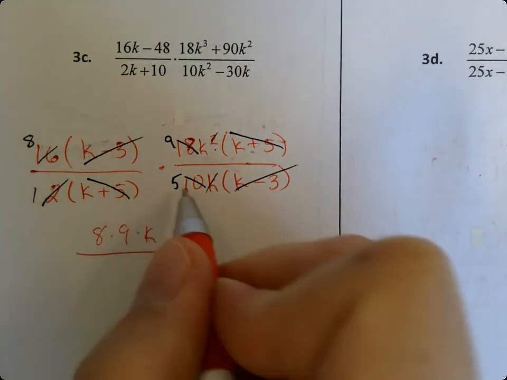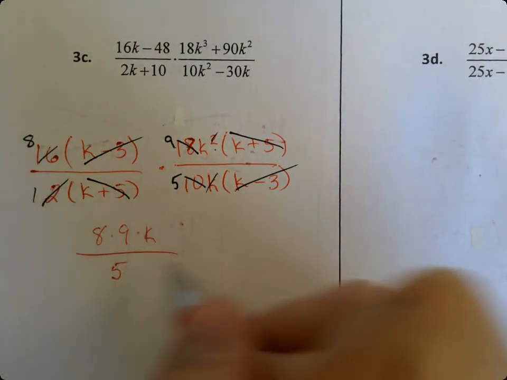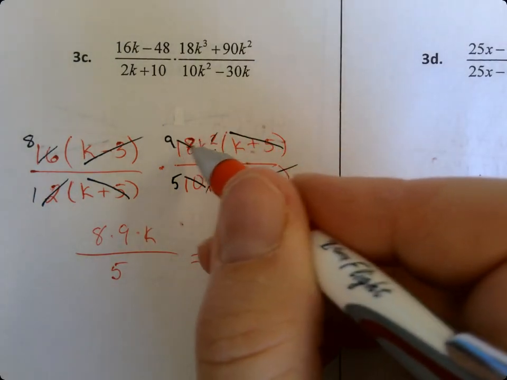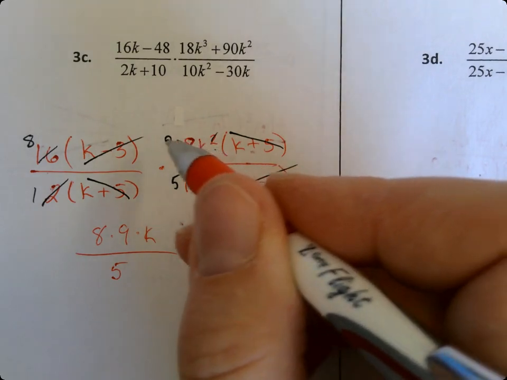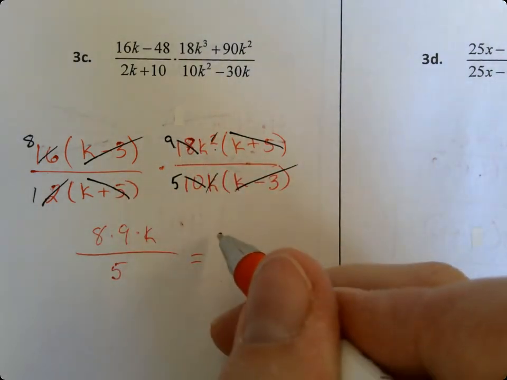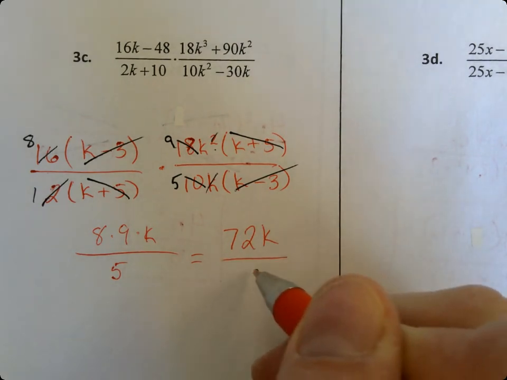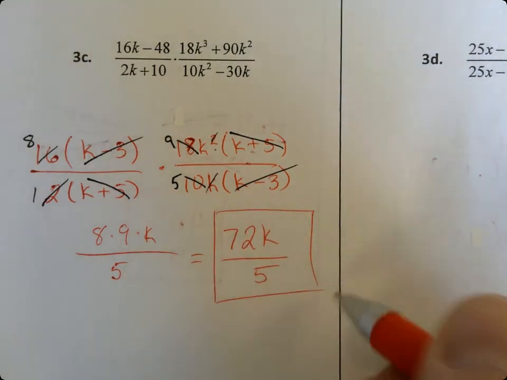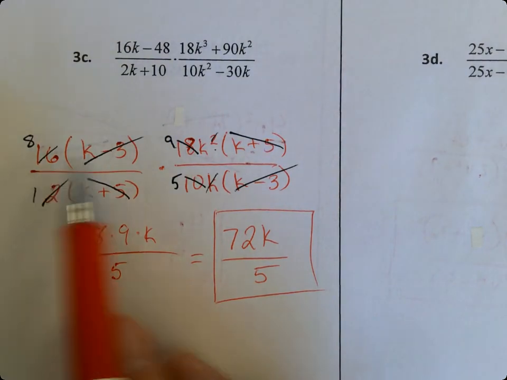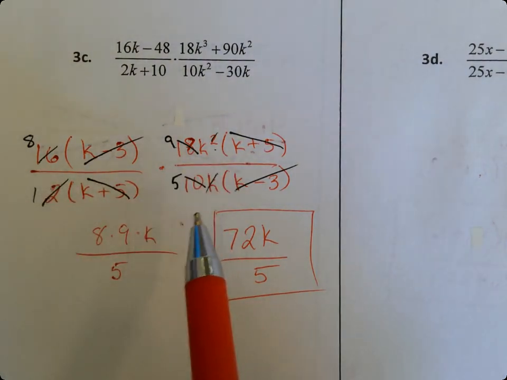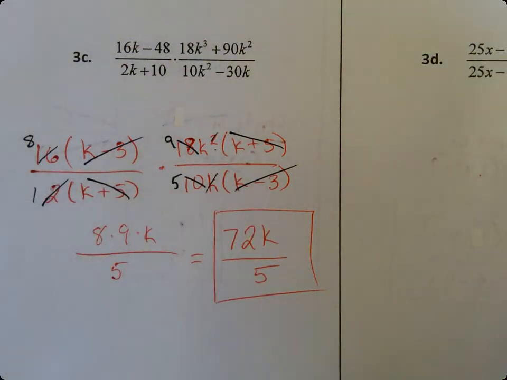What's left in the bottom? 1 times 5. And why is it times k and then not set on the 9? Because it's understood. It's 18 times k squared, so it's still 9. All this is multiplication. So we should have 72k over 5. Now, maybe you put this together, but I don't want to multiply the 16 times 18 because the number gets pretty big. So I'd like to cross cancel or reduce as we go.